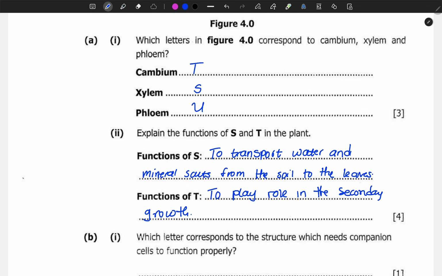Primary growth has to do with germination. Then the secondary growth has to do with the increase in size. Let's just say primary is focusing mainly on increasing the height, how tall or short the plant is. Then secondary looks at the width or the girth of a plant.